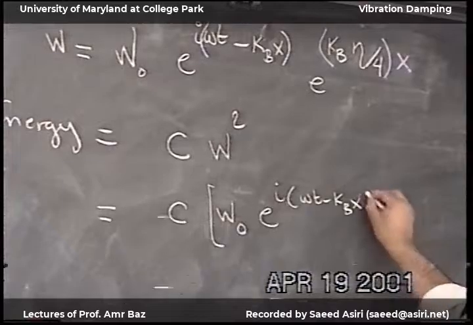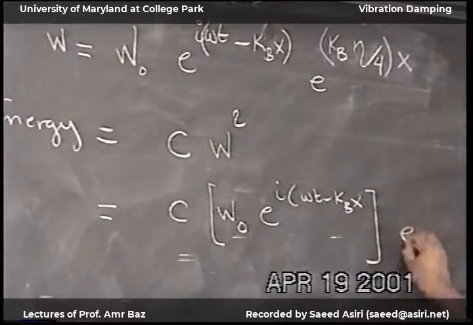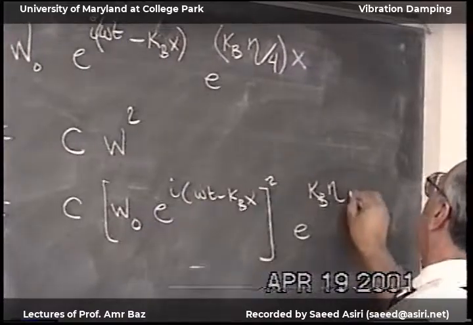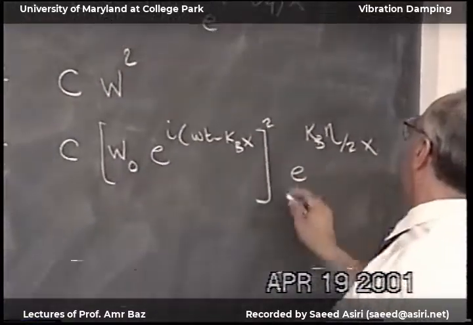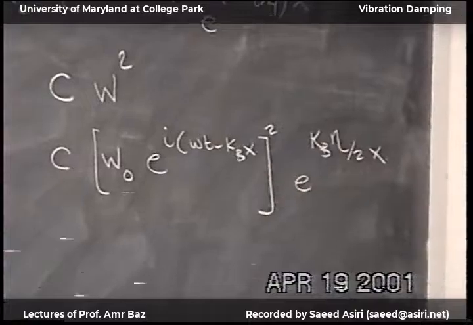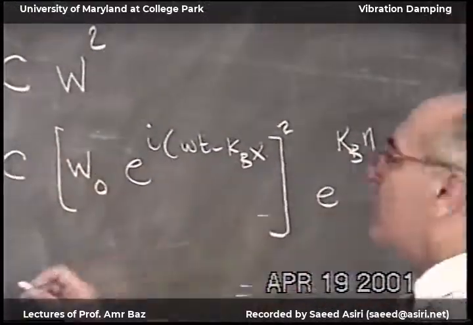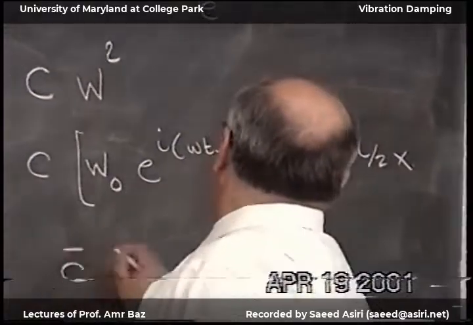And then here we'll have e to the k_b eta over 2 and x. And I'll just make this whole thing a new constant.